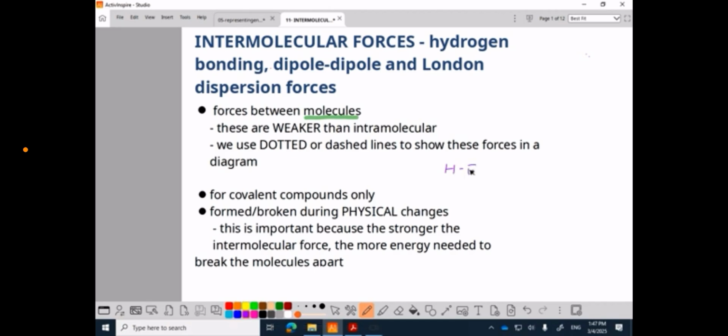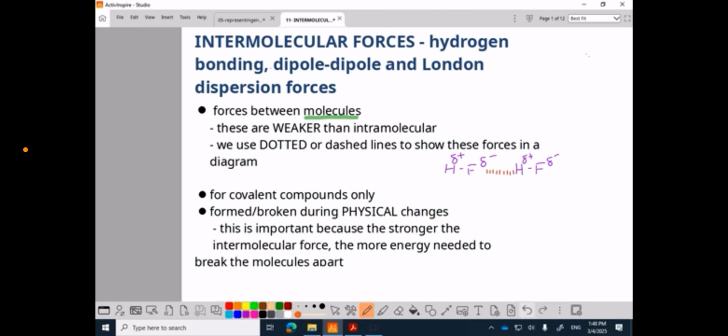So when we draw these diagrams, you have already figured out how to draw a polar covalent molecule like hydrogen fluoride. And then if you had more than one molecule of hydrogen fluoride and you were going to show the forces between them, all you would do is use a dashed line or a dotted line to show the attraction.